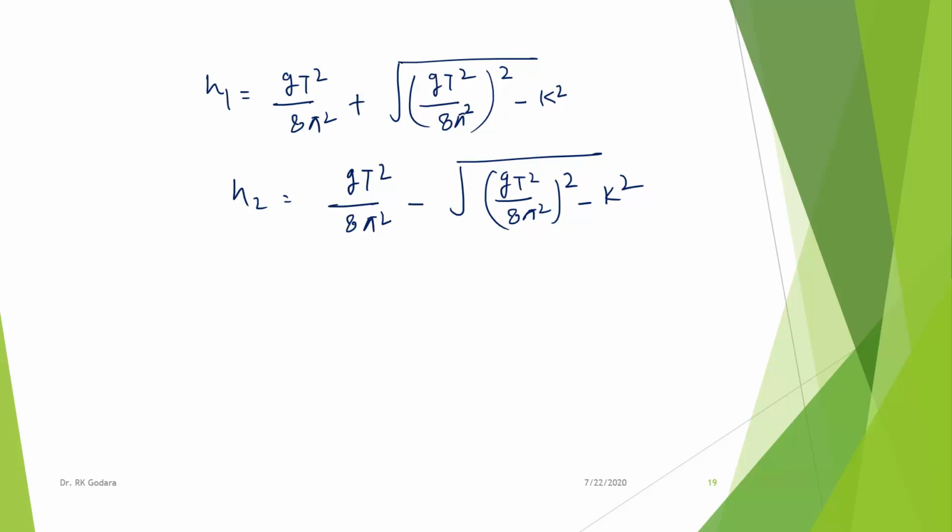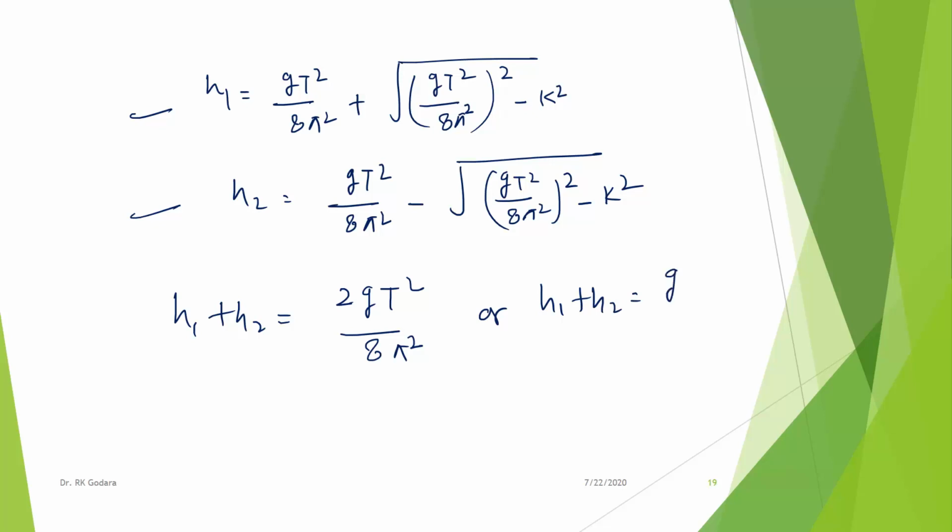Now if we add both of these solutions, h1 plus h2, we get 2 g T square over 8 pi square, or h1 plus h2 is equal to g T square over 4 pi square.